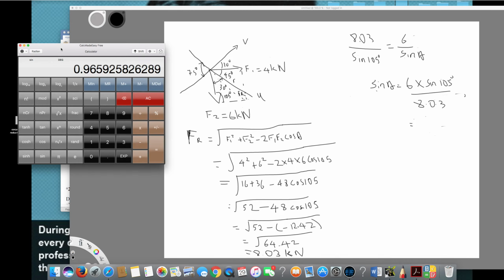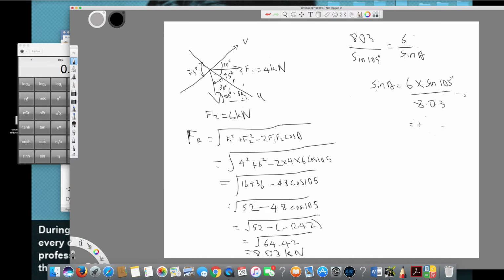Let's find it out. Sine 105 multiplied by 6 is 5.79, divided by 8.03 equals 0.7217.